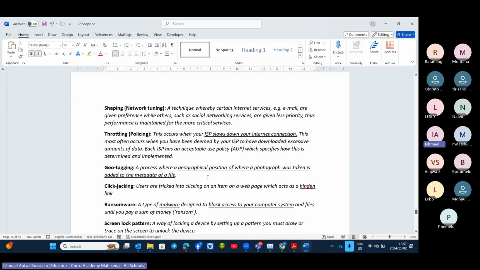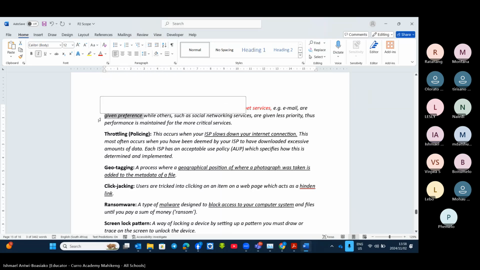And then our next terminology is shaping, which sometimes we call network tuning. Shaping is whereby certain internet services, for instance emails, are given preference over others. And when all internet services are given the same preference, then we call it unshaping.